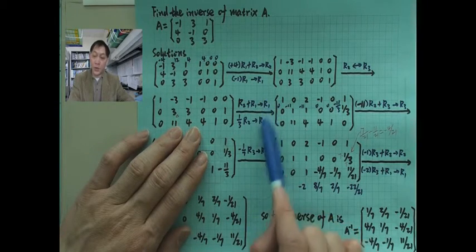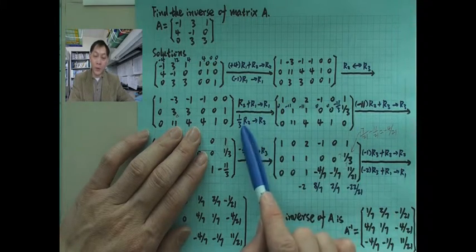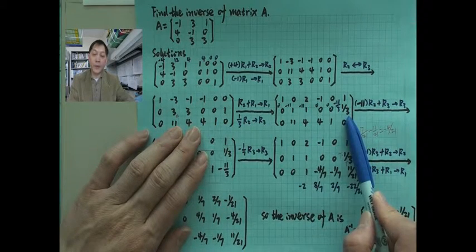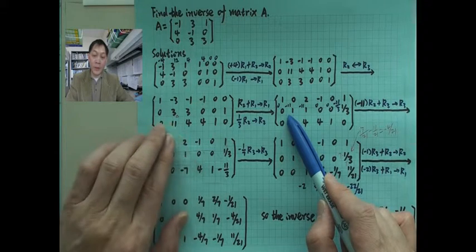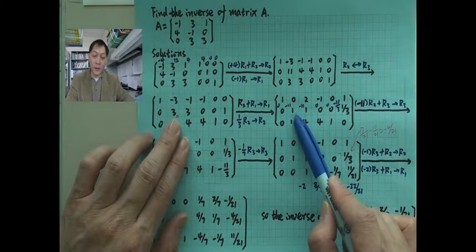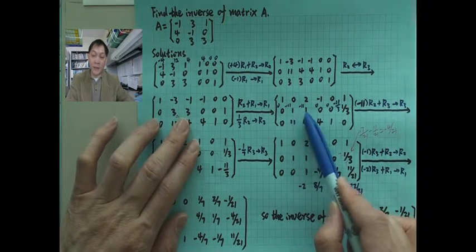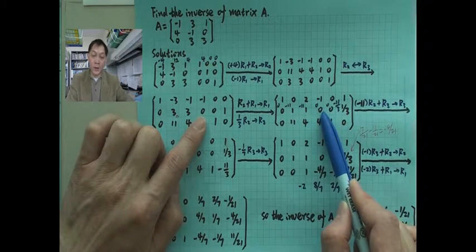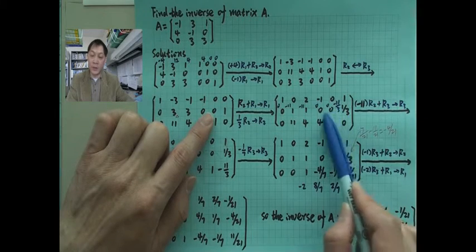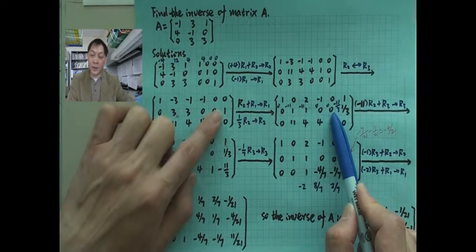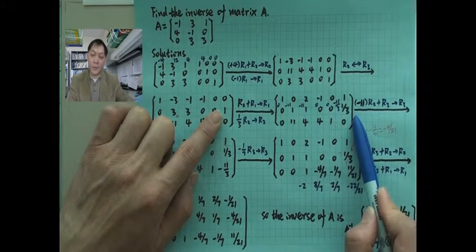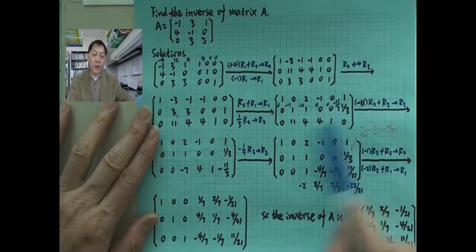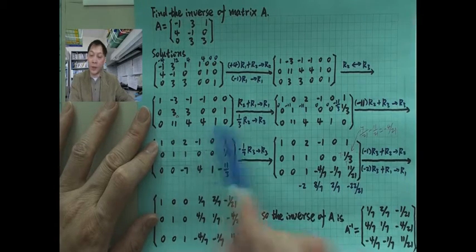Do this one first. You got new row 1, and then row 2 is only divided by 3. Okay, you see 0 divided by 3 is 0, 3 divided by 3 is 1, 3 divided by 3 is 1, 0 divided by 3 is 0, 0 divided by 3 is 0, 1 divided by 3 is 1/3. Okay, so the third row we didn't do anything, we keep it.